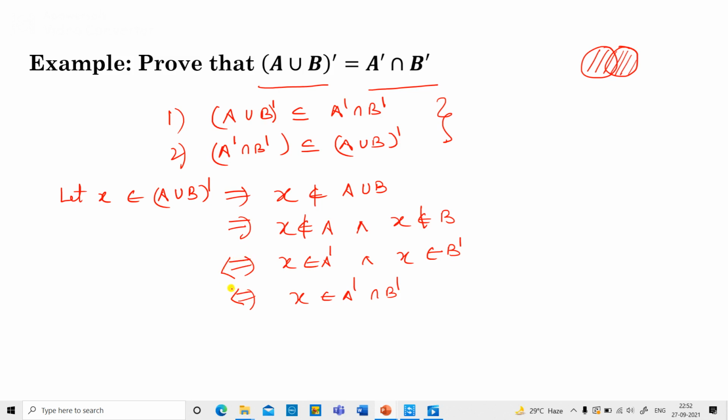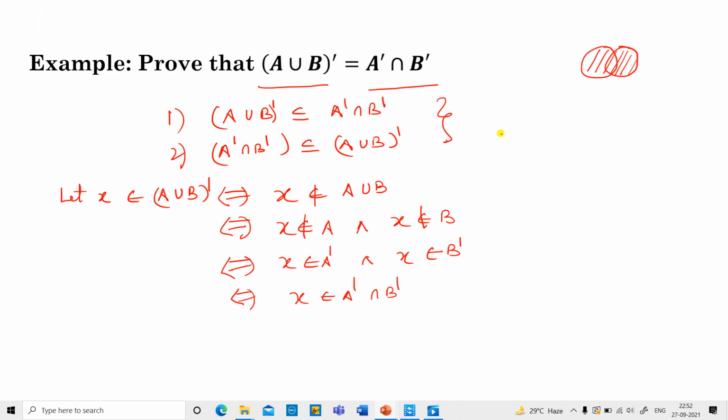So 'if and only if' means whenever this one is true, this is also true, and whenever this one is true, this step is also true. So this is, you can say, by implication. So you can prove both these 1 and 2 in one go. But for this you have to check whether this bi-implication is true or not. So both of these can be proved in a single way.